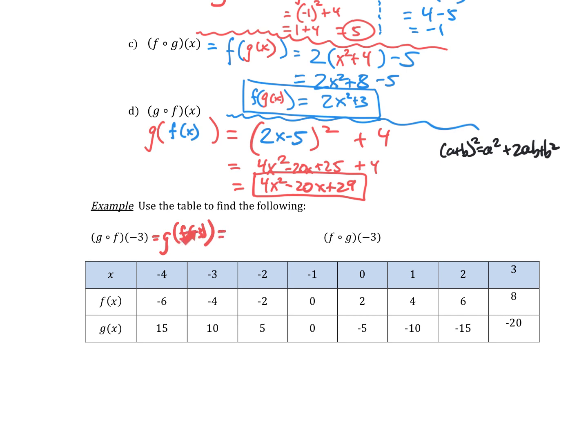We're asking ourselves, what is f of negative 3? Well, when x is negative 3, this table tells us that f of negative 3 is negative 4. So we don't have an equation, but we do have the table to tell us that. So g of, and we're going to put negative 4 into there. And then we say, well, what is g when x is negative 4? When negative 4 is the input, g of x is 15.